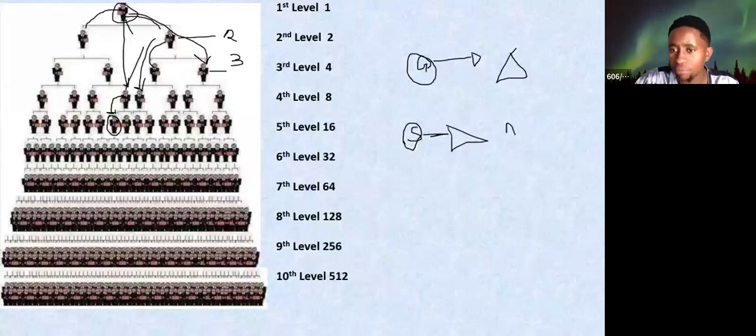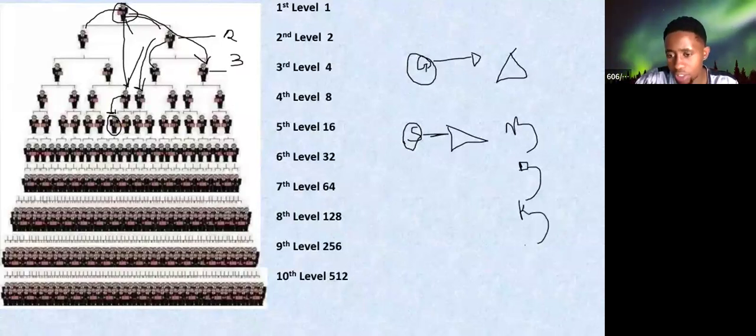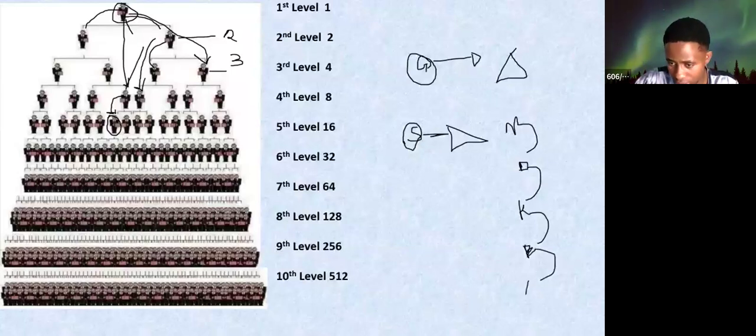If this is me, and I sponsored Doris, and Doris sponsored Caleb, and Caleb sponsored Eunice, and Eunice sponsored, let's say, person X, this is going to be first level, second level, third level, fourth level.